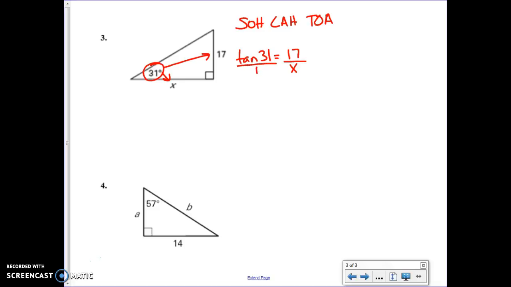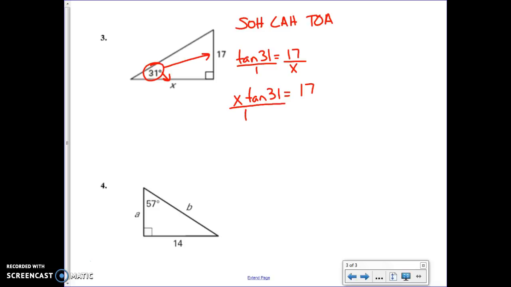I'm going to put it over 1 again. And this is why this cross multiplying is helpful, because it's going to work for you every time. So when I cross multiply, this time I get x times the tangent of 31, because our x is in a different spot, is equal to 1 times 17, or just 17. Now remember that tangent of 31 is a group. It can't be separated.